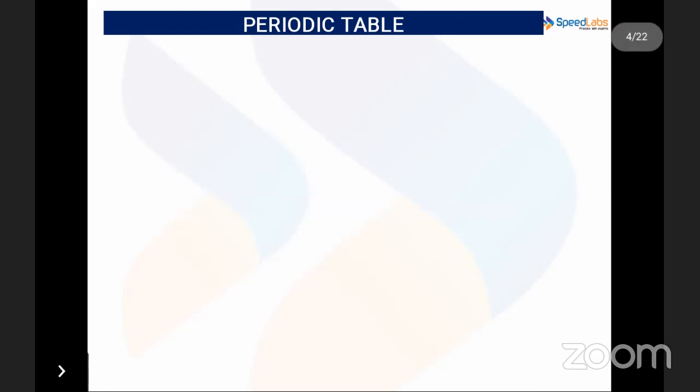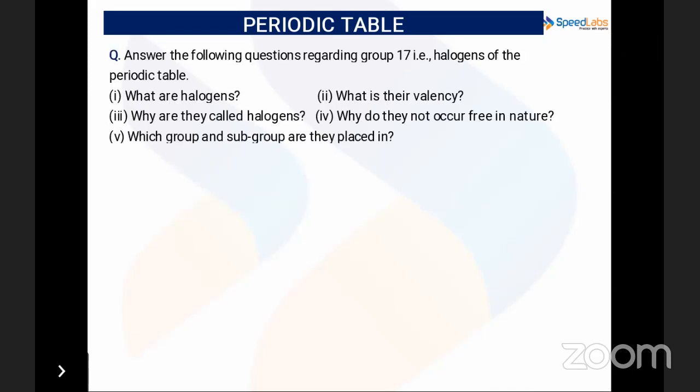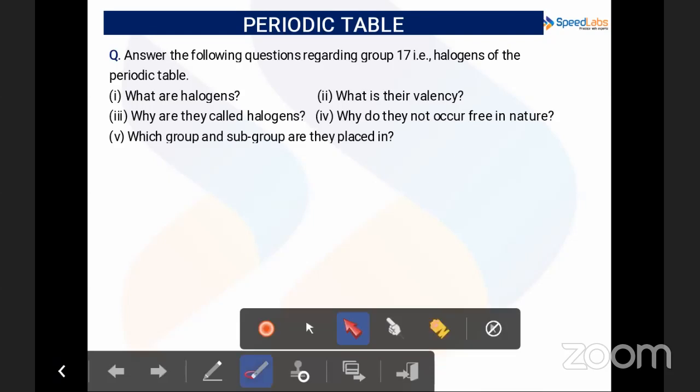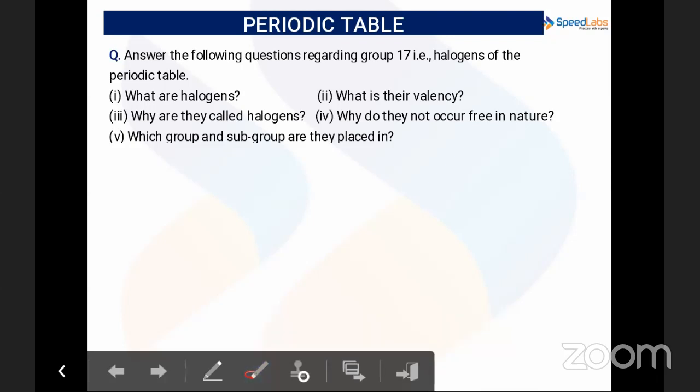The next question is based on group 17, that is halogens. Now we will see the question. The question is, answer the following questions regarding group 17, that is halogens, of the periodic table.